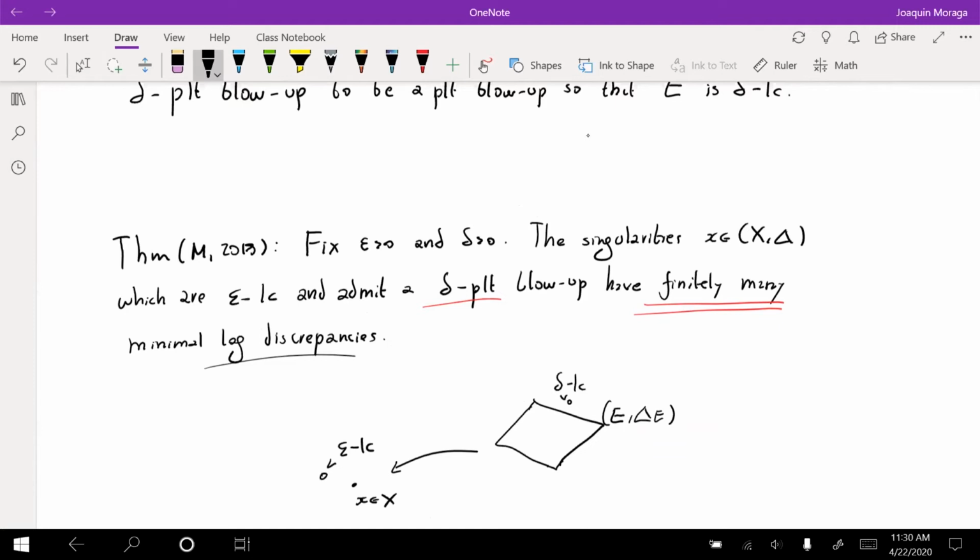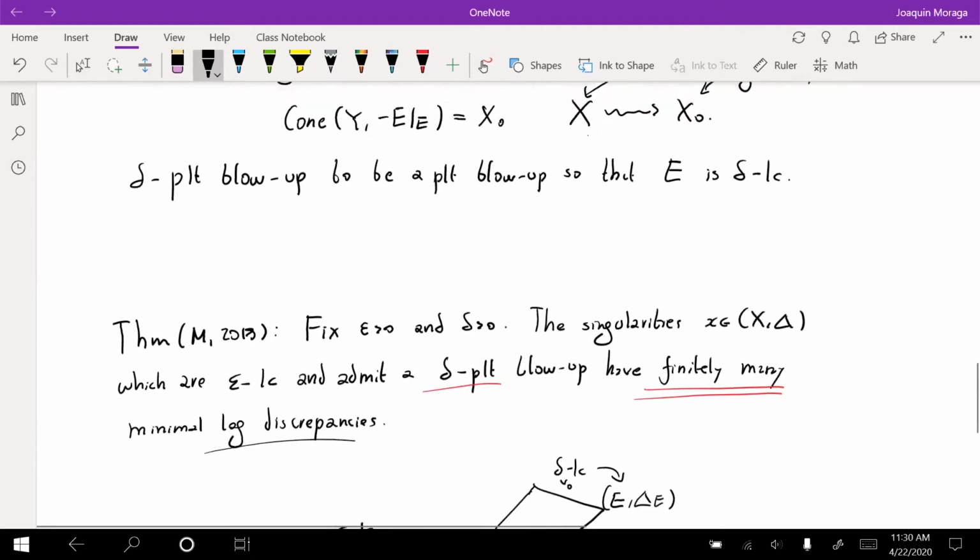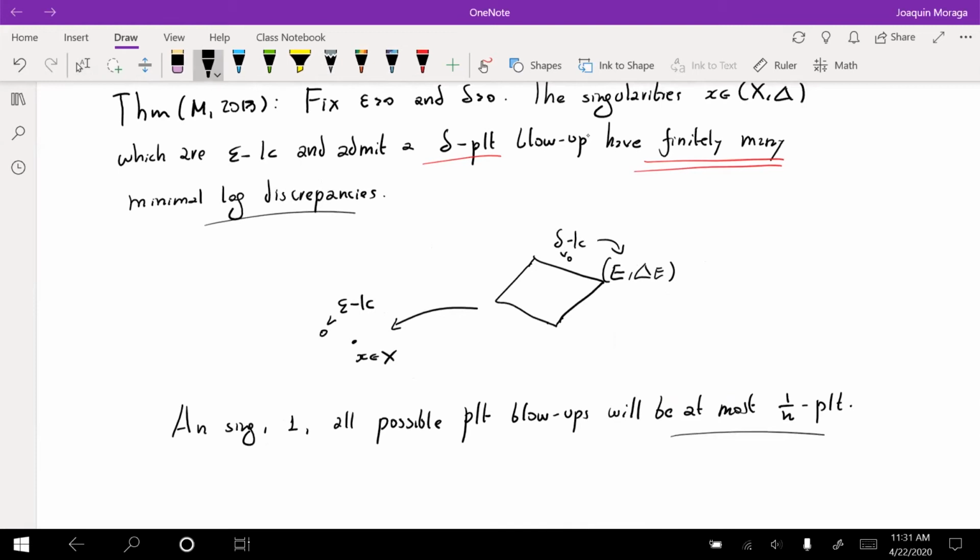E with the boundary, right? Yeah, because in your example, it's just a curve, it's just P1. Sorry, I missed the boundary here. This is the boundary obtained by adjunction. Otherwise, all the extractions extract P1. But if you take the boundary, the orbifold structure at a point, then you will obtain points of the form 1 minus 1/n. So the log discrepancies go to 0.